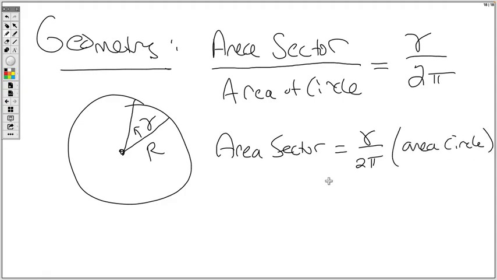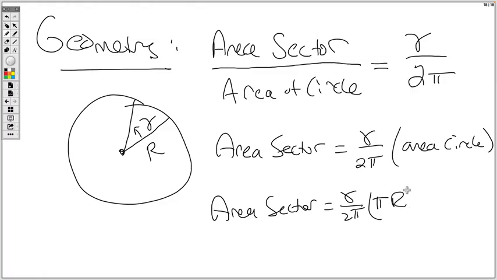And what's the area of the circle? Well, that's pi times the radius squared. And so the pi's cancel, and I get 1/2 r squared gamma from that. You follow?